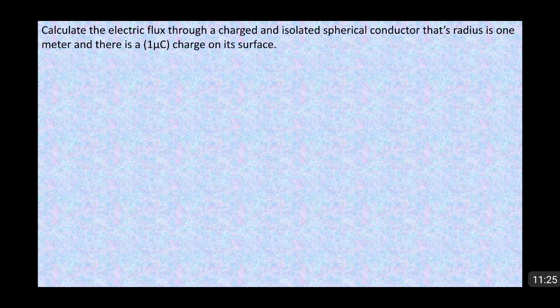Let's continue. Example. Calculate the electric flux through a charged and isolated spherical conductor whose radius is 1 meter and which has a 1 microcoulomb charge on its surface.